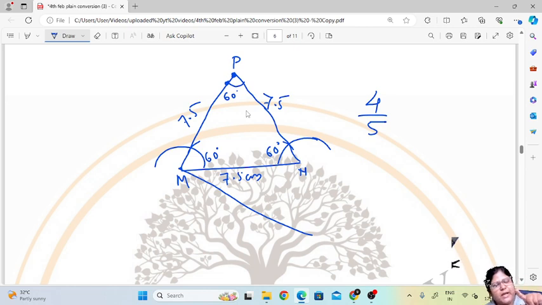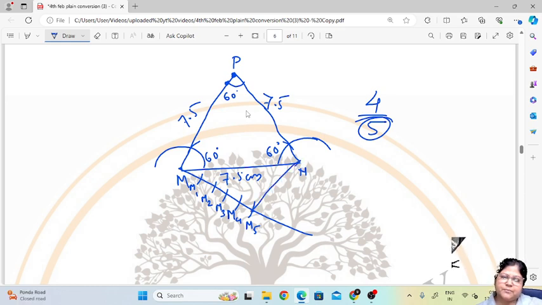Take one finger gap between the legs of the compass and make 5 divisions, 1 2 3 4 5, and name them M1, M2, M3, M4 and M5. Last M5, because the denominator is 5, is going to be connected with N like this.